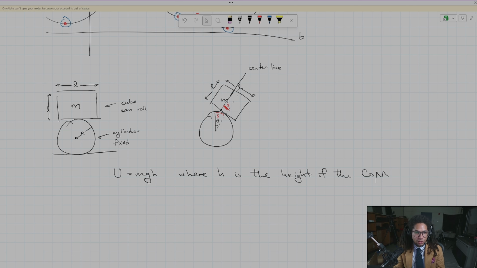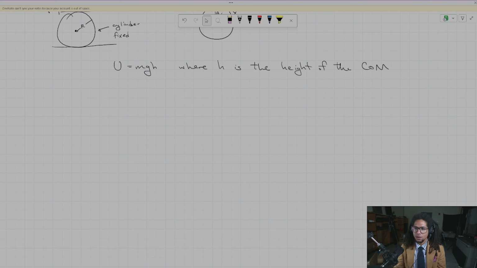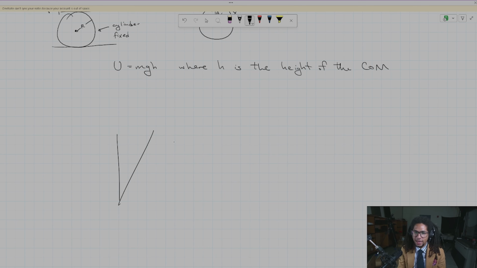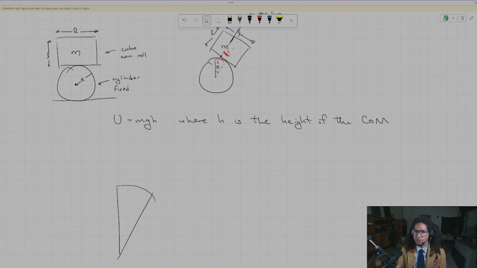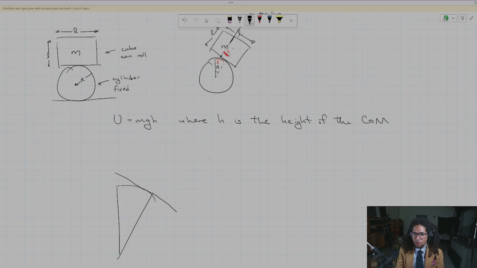Okay, now there's going to be some triangle drawing to do, because I know how to get to the center of mass in this case. All right, so this length is r.